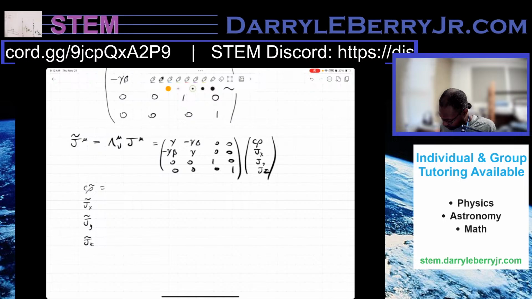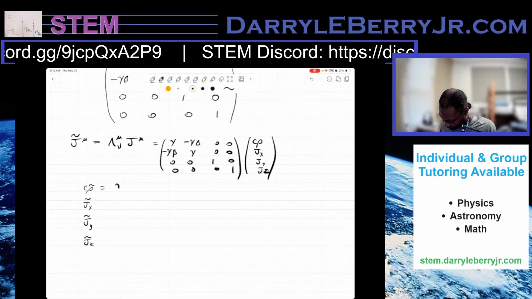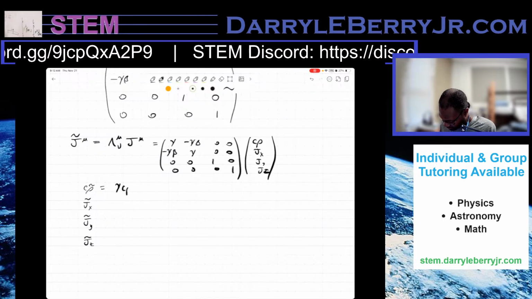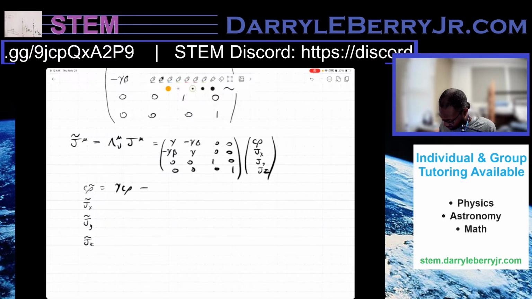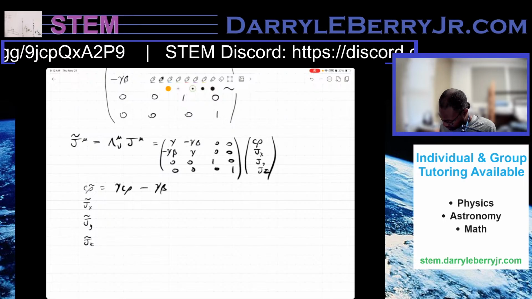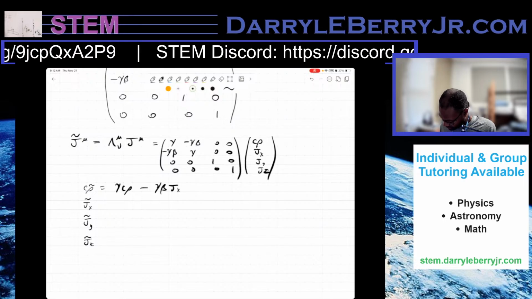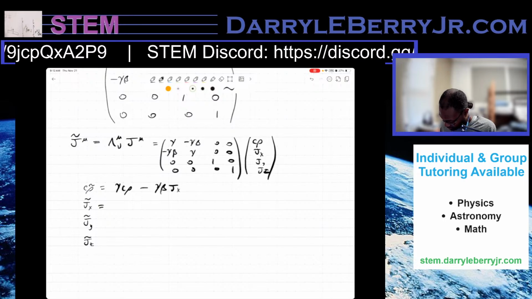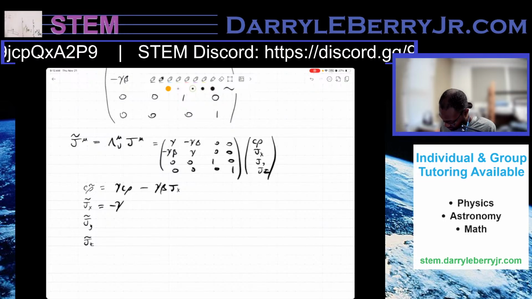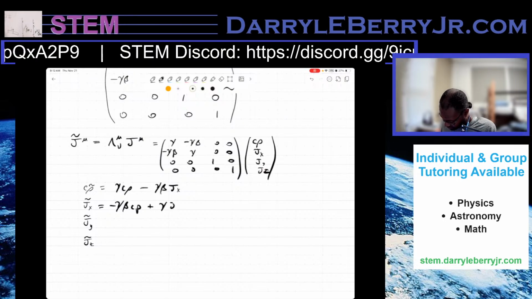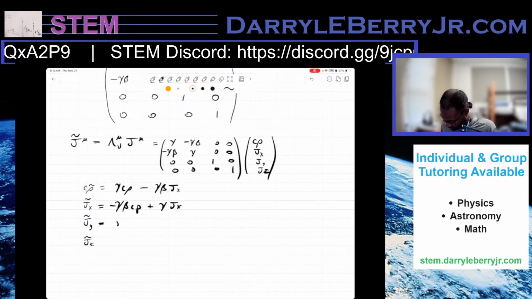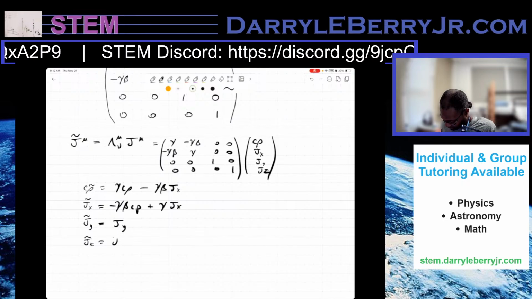So that's going to equal gamma cρ minus gamma beta Jx, minus gamma beta cρ plus gamma Jx. And this is still Jy and Jz.